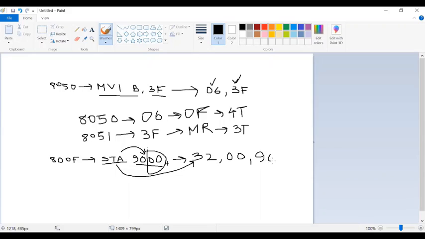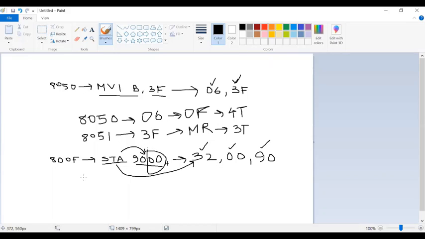Now from this structure, to load this code or data, each 8-bit part needs one memory location. The opcode needs one, the next 8-bit needs another, and the next 8-bit needs another. So 3 consecutive memory locations are required to store the entire instruction.